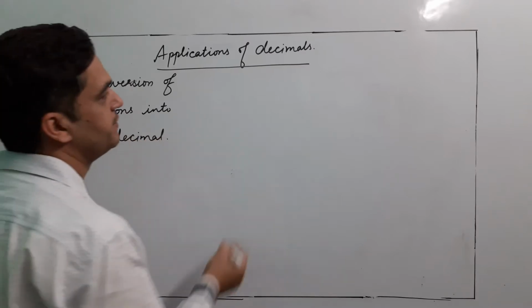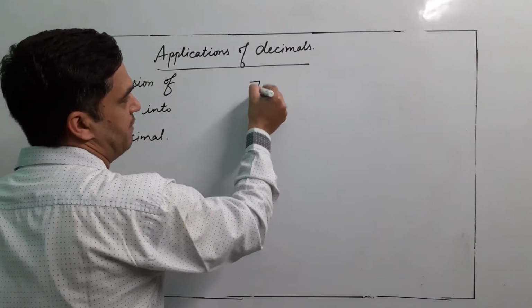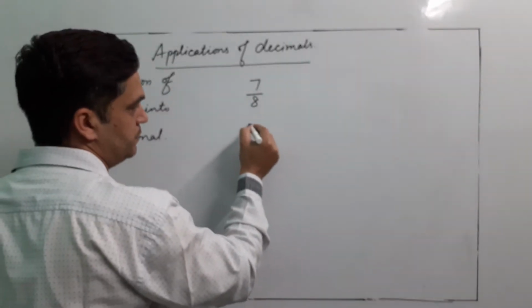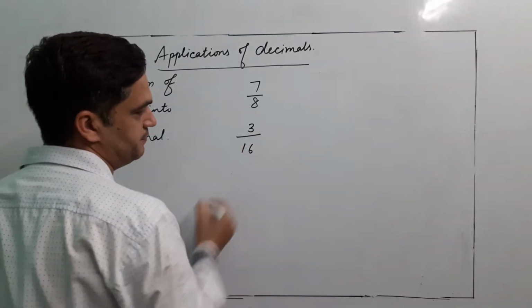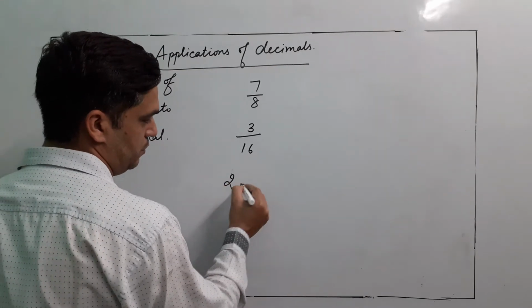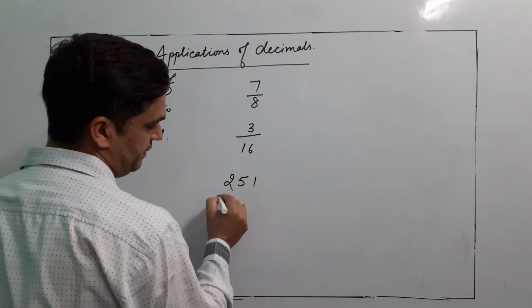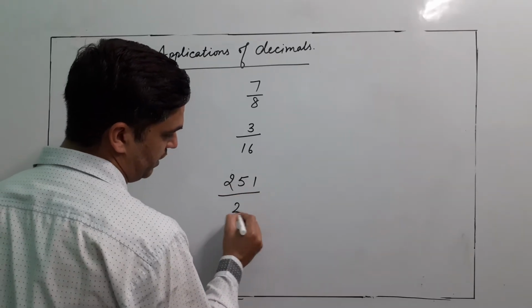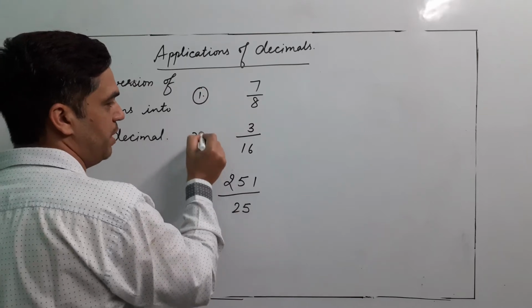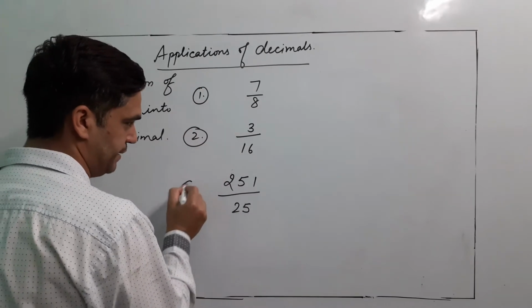What is the way? 7 by 8, 3 by 16, 251 by 25. Example number 1, example number 2, example number 3.